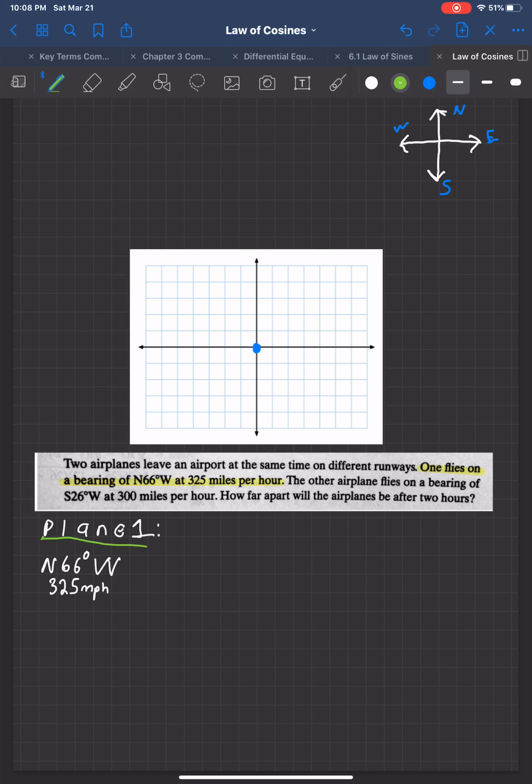So let's draw plane 1. So if I'm going north 66 degrees west, right? So the way you read bearings is, if I was heading due north, then I would just be heading north. But I'm actually going northwest, on a bearing north 66 degrees west. So the way this works is I want to rotate 66 degrees.